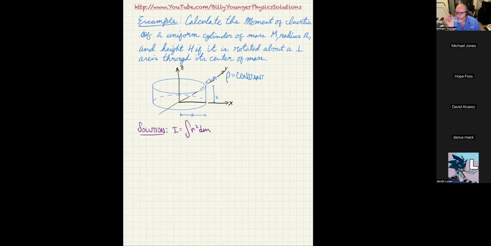The radius to the inner edge of the soup can wall will be r, and the radius to the outer edge will be r plus dr. But the soup can wall will be h tall, where r is some value between 0 and big R, the radius of the object.